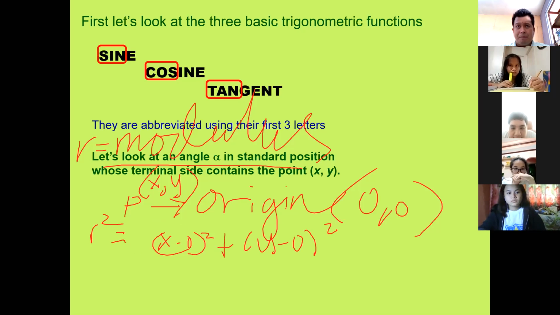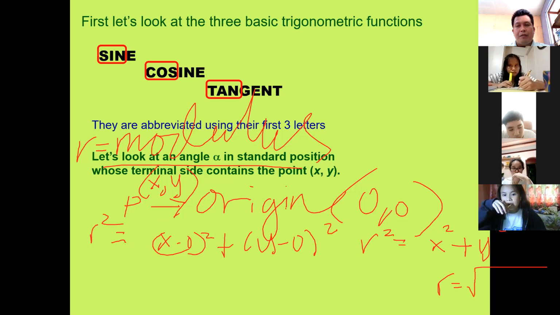So therefore, r squared is equal to x minus 0, which is x, squared, plus y squared. To find the value of r, which is the modulus of the point, you can simply get the square root of the sum of x squared and y squared. You can also associate this with the Pythagorean theorem.